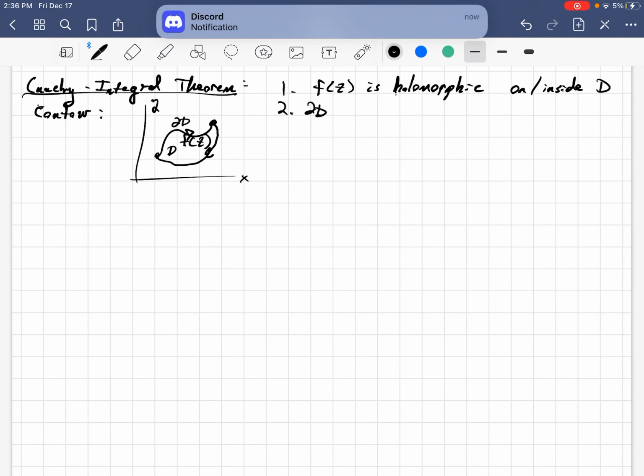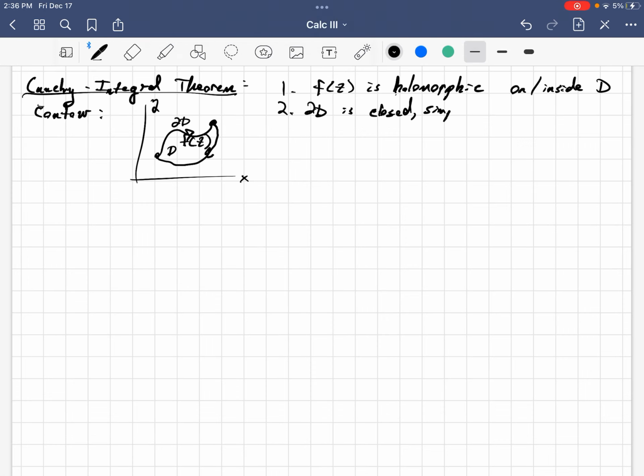The boundary curve ∂D is, of course, closed, right? And it's simple, meaning it only intersects itself at its endpoints. And the boundary of D only has a finite number of corners. So something crazy like a Weierstrass function would not be suitable, but a pentagon would.